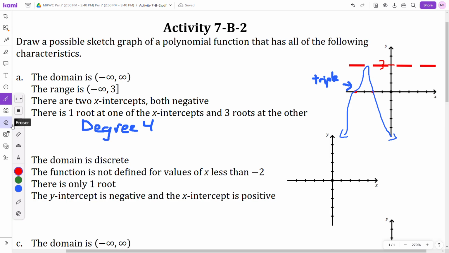Okay, number B. The domain is discrete. Lovely. The function is not defined for values of x less than -2. Okay, so this time I'm going to draw a line here.